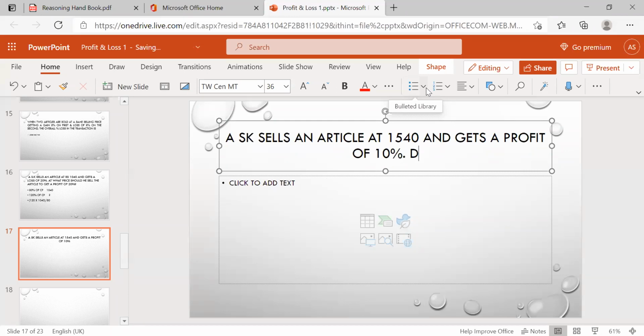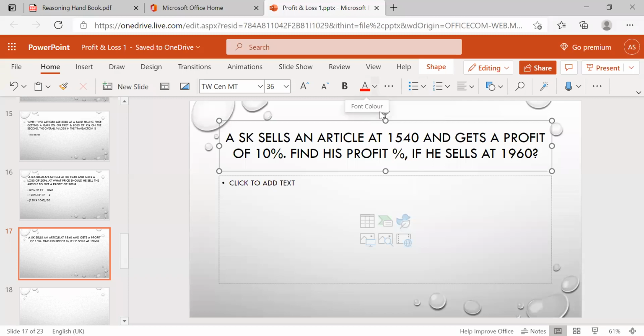Then find his profit percentage if he sells at 1960. What they're asking, actually, is that he sells one article at 1540 rupees, and he got 10% profit. 10% profit also.